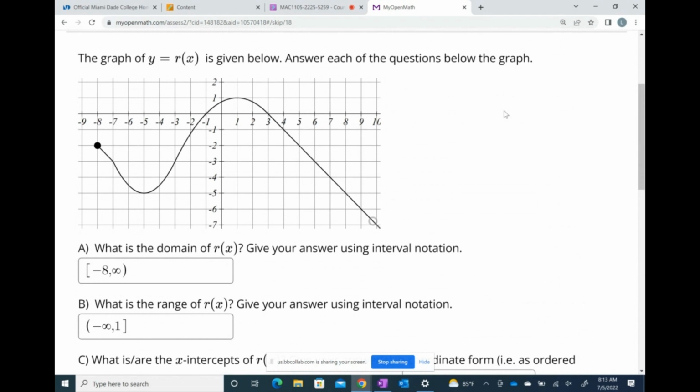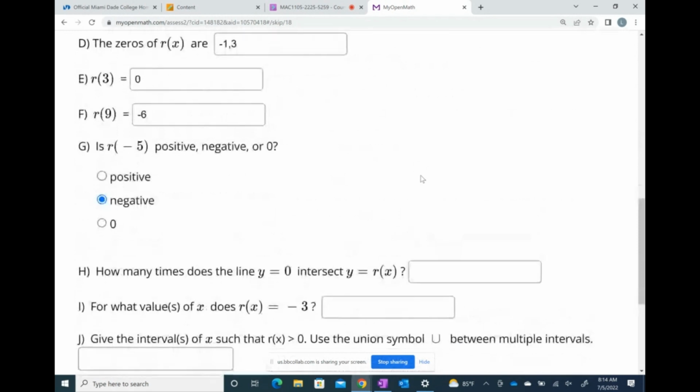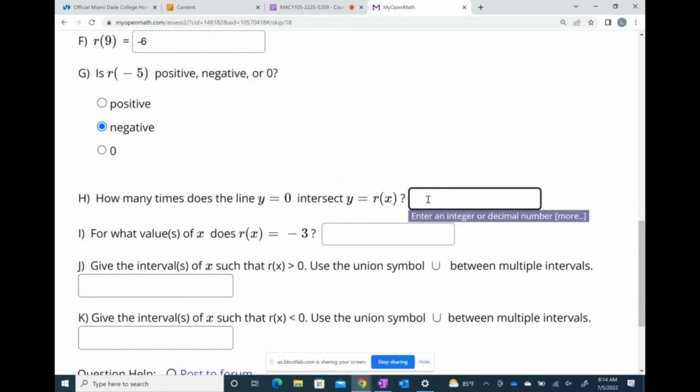For example, y equals -3 will be this line passing through y equals -3. Okay? Y equals 0 is another way of talking about the x-axis. So how many times does the line y equals 0 cross the function R of x? How many? 2 times. Do you understand this? So how many times? 2 times.